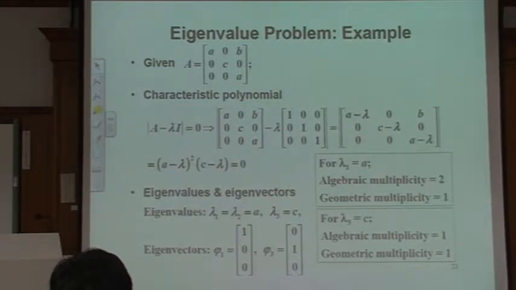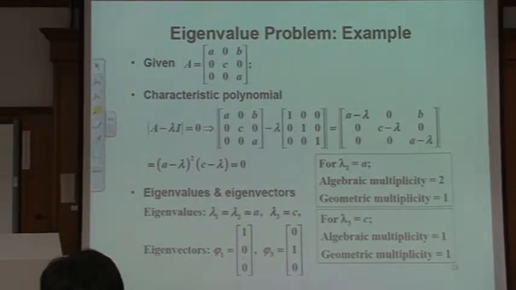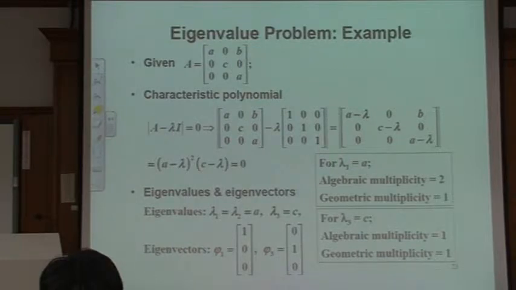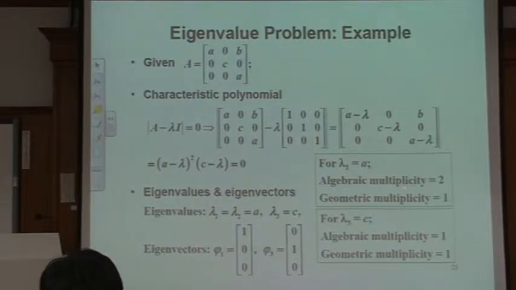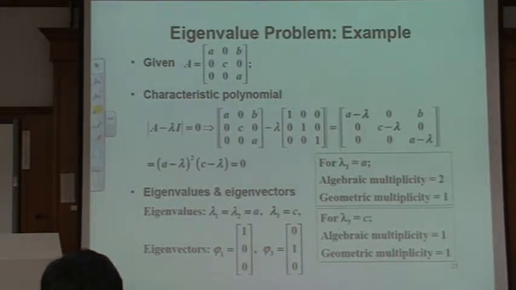And the other one is lambda c, just a single lambda c. In this case, we have algebraic multiplicity equal to 2 because we have a square here. And the geometric multiplicity is 1, because for this eigenvalue, you only can get one corresponding eigenvector.